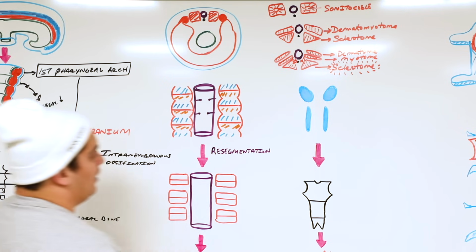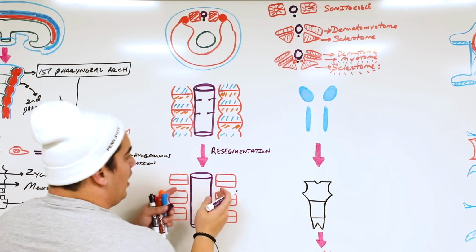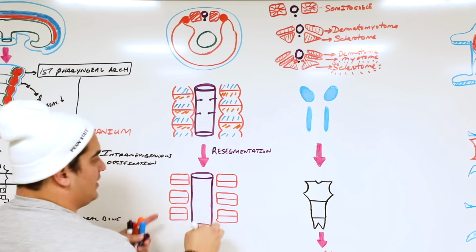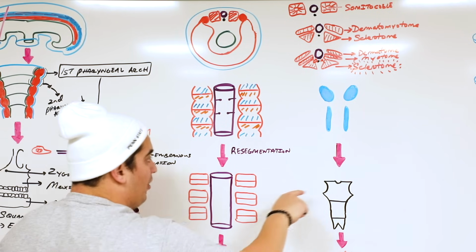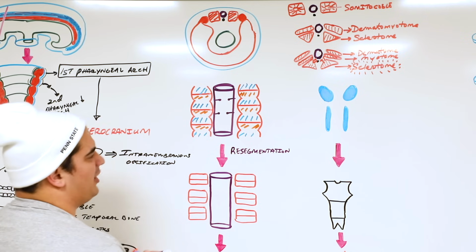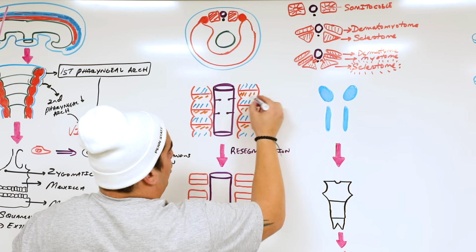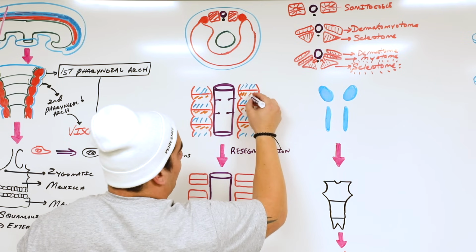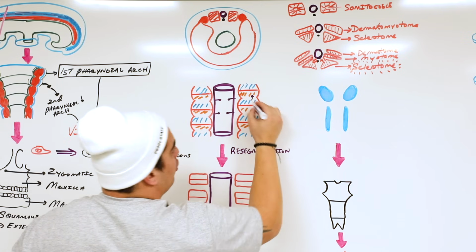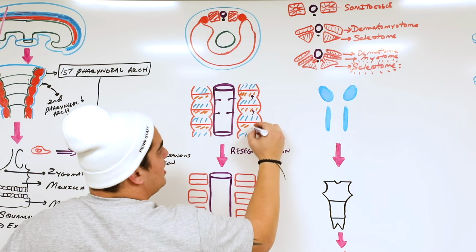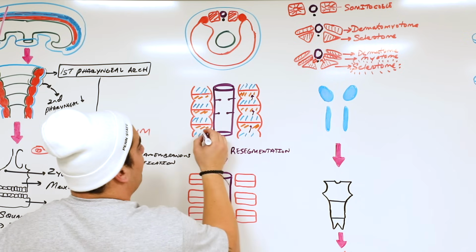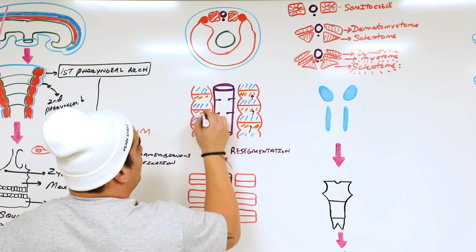All this is to allow for this vertebral space for the nerves to run through. How does that happen? Very interesting. The caudal portion will fuse with the rostral portion. So each one of these portions is going to move up and fuse with the one above it.